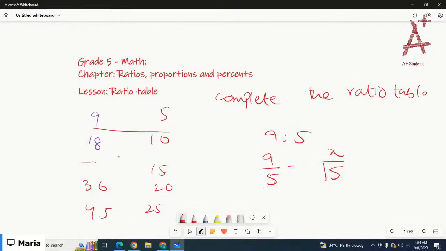Just look at the denominators because the numerator is missing. 5 times 3 is 15. So you have to multiply the numerator and denominator by 3, right? That would be 9 times 3 is 27 and 5 times 3 is 15. The missing number is 27, right?